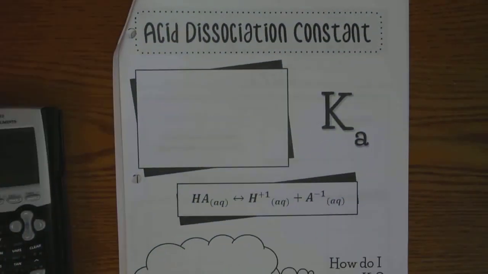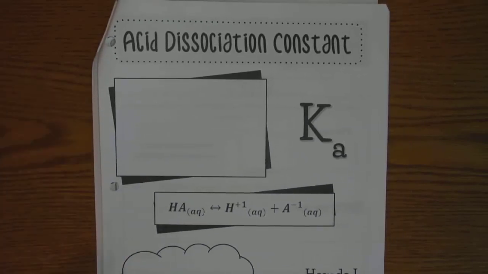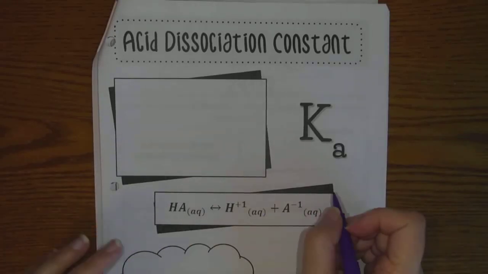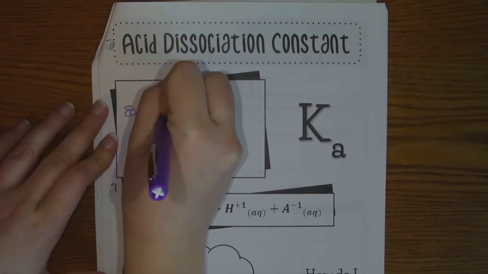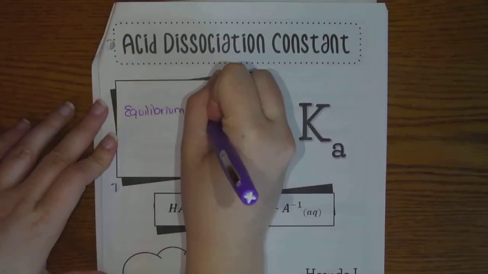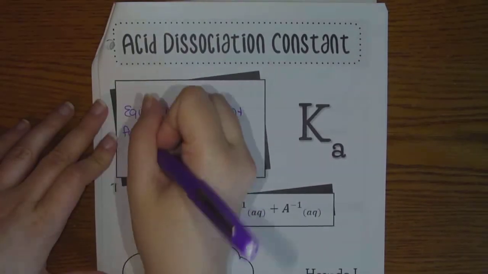Okay, so now we have enough information that I can go ahead and determine my acid dissociation constant. That's going to be Ka, okay? And again, this is just the equilibrium constant for the ionization of an acid.